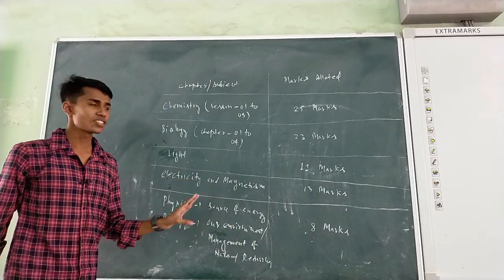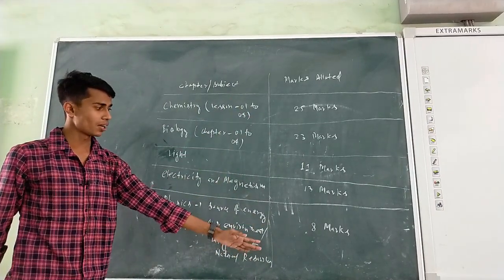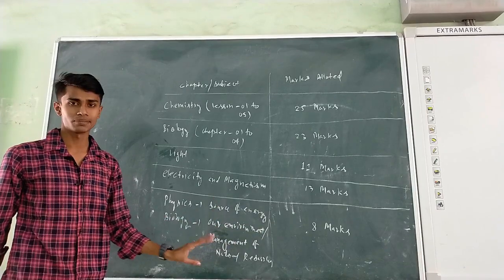So this is the marks distribution of whole syllabus. The aggregate marks is now 80.